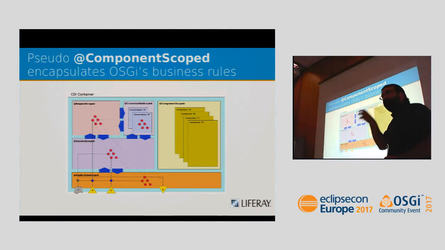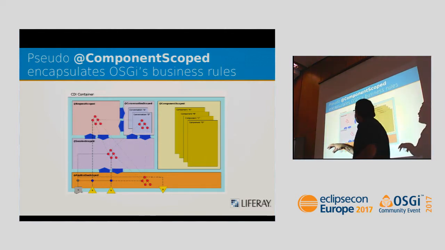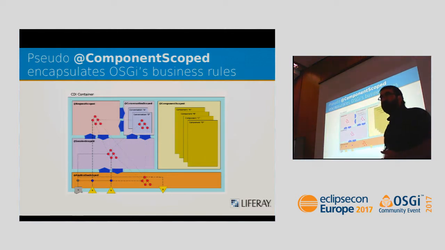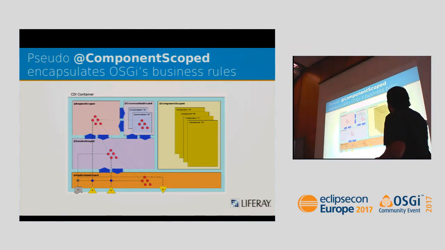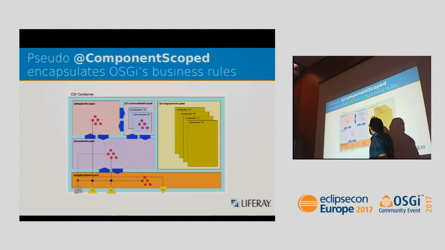We're borrowing again an abstraction defined in the CDI specification called pseudoscopes, which we're using as the basis for a new scope called component scoped. And this component scope is this other region. It's a brand new region defined for us to be our playground, to be a peer to a potentially existing application, right?